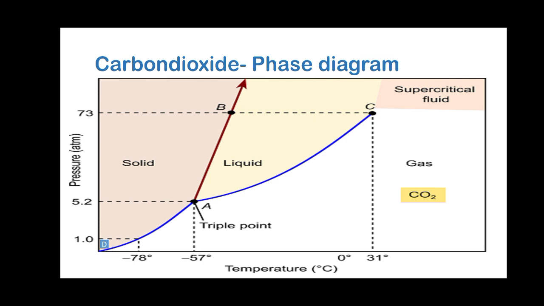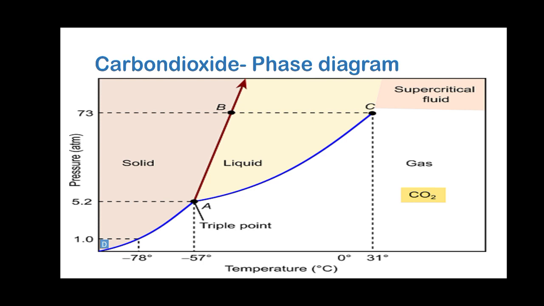So liquid carbon dioxide does not exist at normal atmospheric pressure. Whatever the temperature may be, the solid sublimes when left in the open atmosphere. The solid carbon dioxide immediately sublimes from the solid state to the gaseous state, so it is called dry ice.